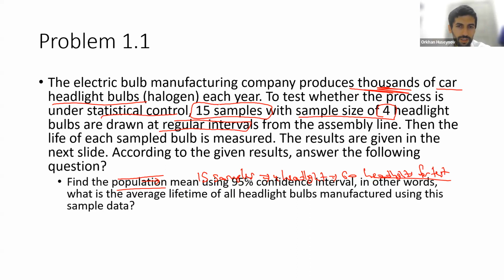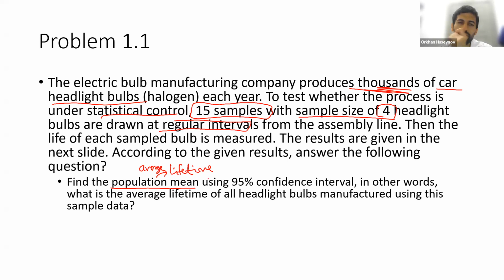The first one is that we will try to find the population mean. So what it means is that here it is the lifetime, the average lifetime of the whole set of the light bulbs using a 95% confidence interval.